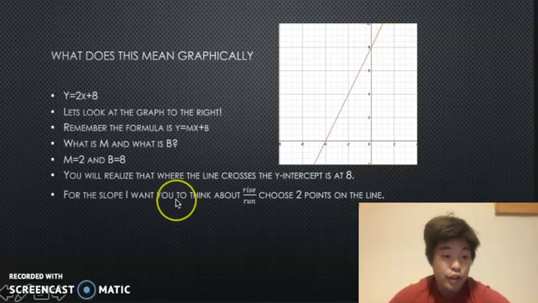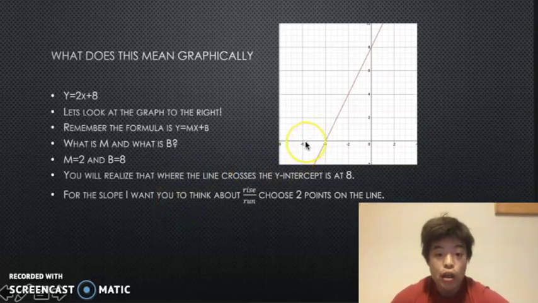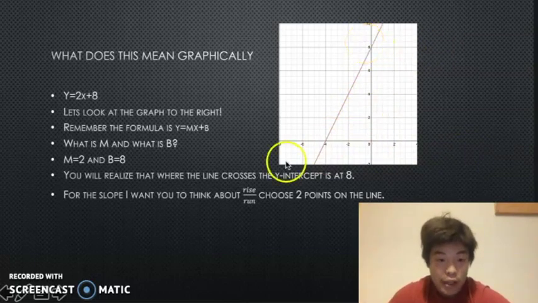Next, for the slope, I want you to think about rise over run. All you have to do to find the slope is choose 2 points on the line. For example, I can choose this point and this point. The reason I chose these 2 points is because they are integers. This coordinate is negative 4, 0, and this coordinate is 0, 8.